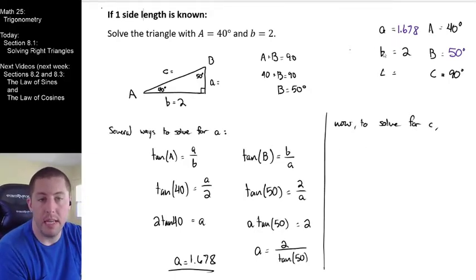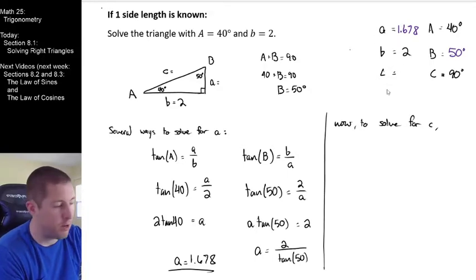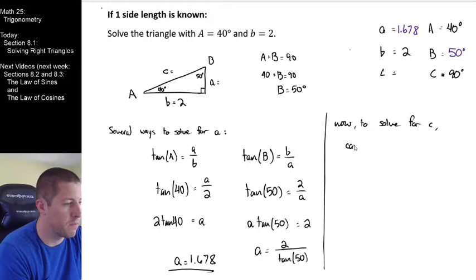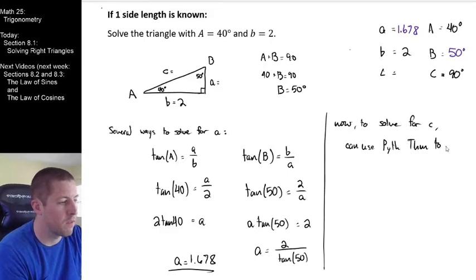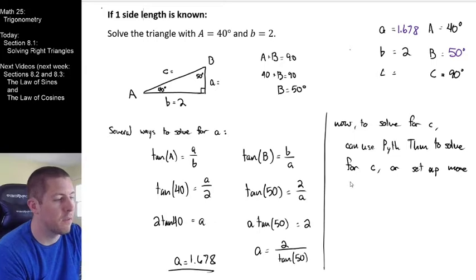Since we know lowercase a and lowercase b, we can use the Pythagorean theorem to solve for C, or set up more trig statements. You've got options here, and let's just do both and show that they're going to be the same.